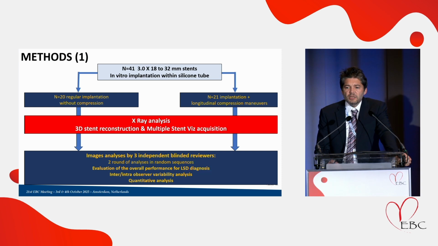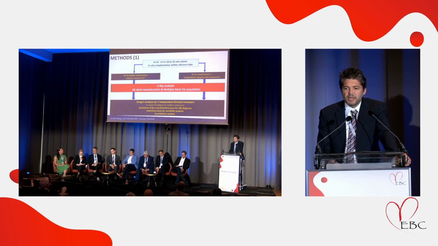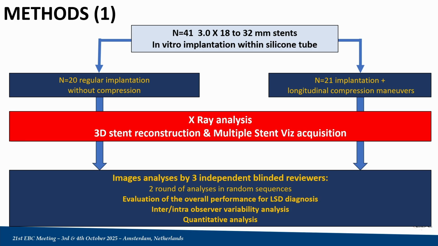Then all the samples were analyzed by X-ray, and 3D stent reconstruction plus multiple stent view acquisition were performed. All the images were analyzed by 3 independent blinded reviewers with 3 rounds of analyses in random sequences.